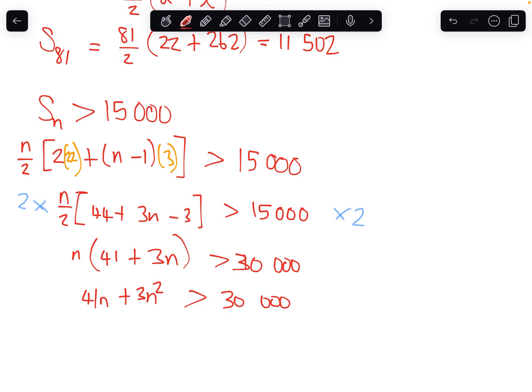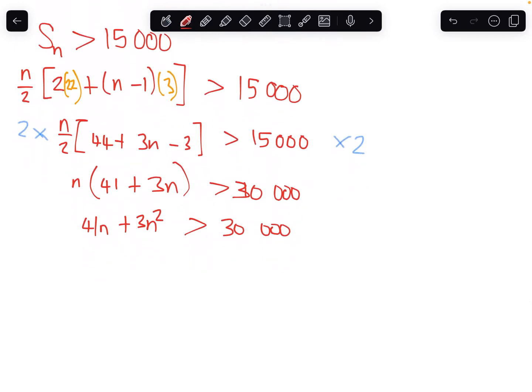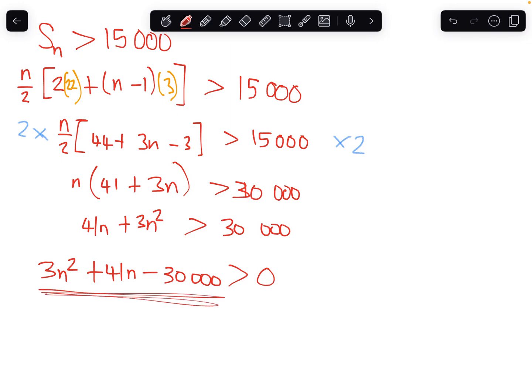Of course, we now have a quadratic inequality. What we want to do is get all our terms on one side: 3n squared plus 41n minus 30,000. I am obviously not going to try and factorize that. Instead, we want to visualize this expression as a graph.